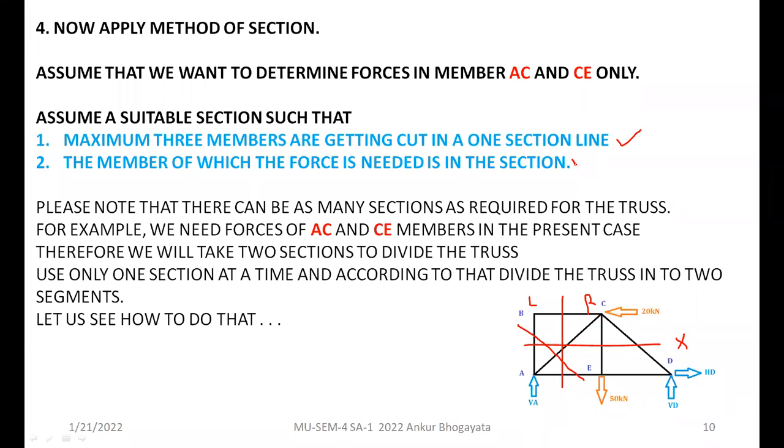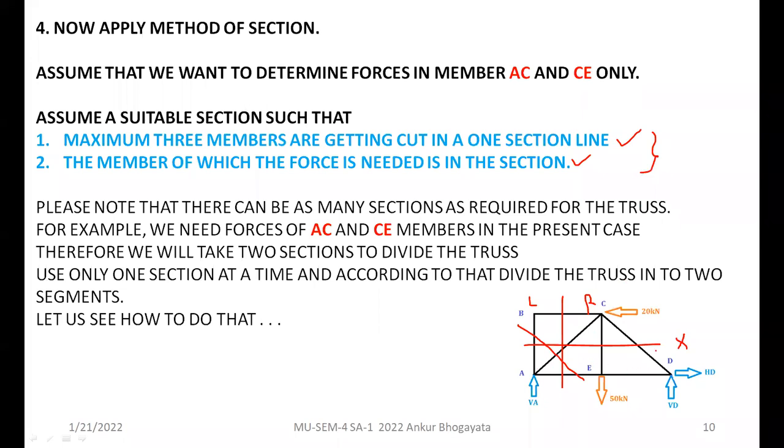And the second condition is satisfied too: member AC is a part of this section. It is being cut in this section. It has to get cut. That is the condition. So this limitation you have to remember always. These 2 things you have to always remember while you are taking a section.